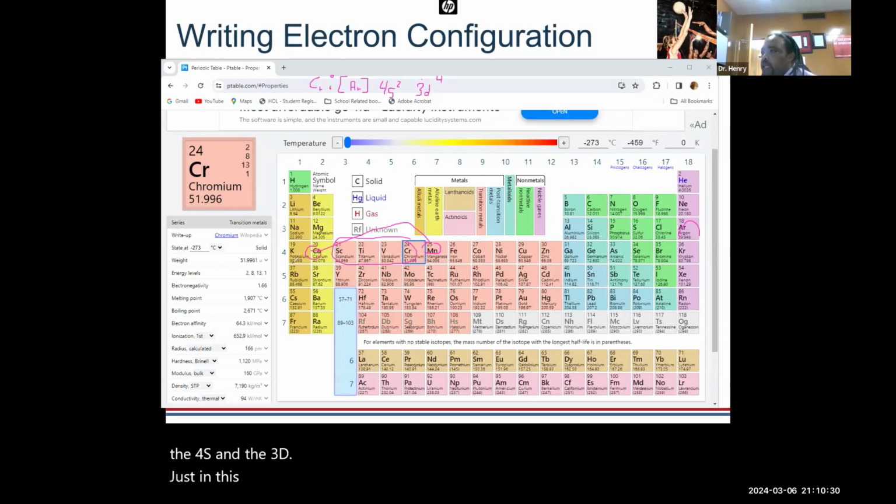So then it'll put 1 electron in the 4s, and then it'll lend the other electron to the 3d. So then we'll have a total of 3d5. Okay, so that's what chromium does.